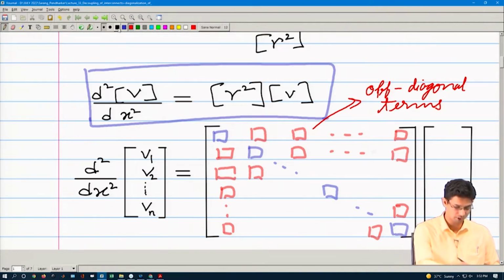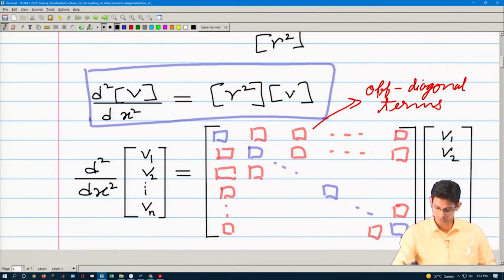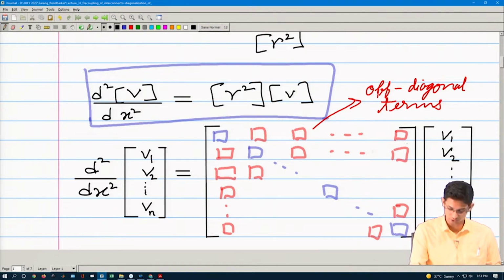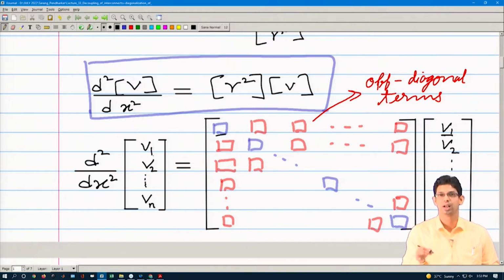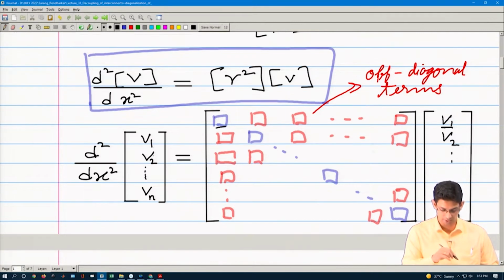So, there will be for example, a voltage V1, V2 and so on going up till Vn, and then if you want to find the dependence for the first term, the double derivative of V1, the first term will be straightforward: this term into V1 plus this off diagonal term into V2. So, this off diagonal term will contribute to include this V2 in your V1. So, these off diagonal terms are the main issue which we want to handle, right.